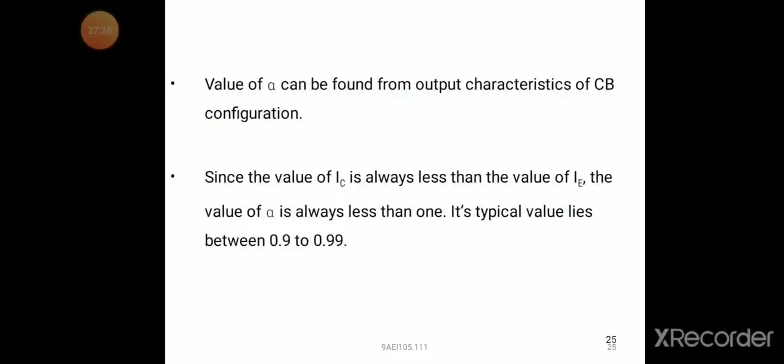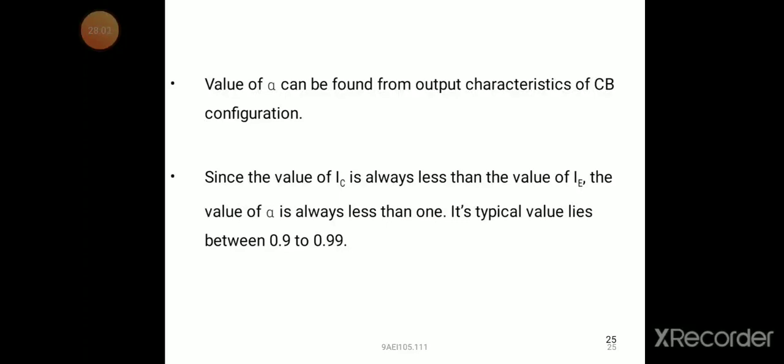The value of alpha can be found from the output characteristics of the common base configuration. Alpha equals IC by IE. IC is always less than IE, because IE is the emitted current and IC is the collected current. We know that IE equals IB plus IC.